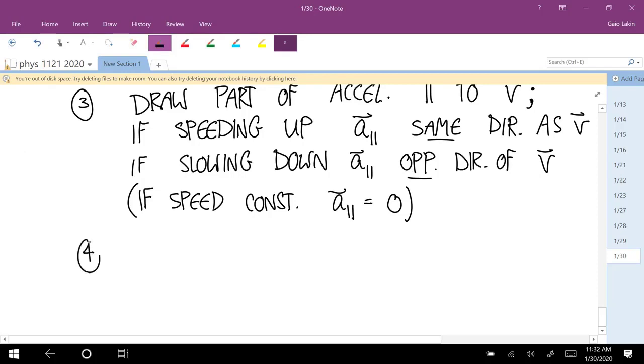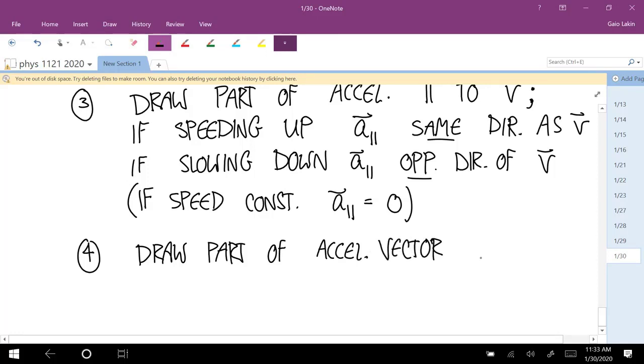Now, fourth, draw the part of the acceleration vector that's perpendicular to the velocity vector. So this is the direction the object is turning.